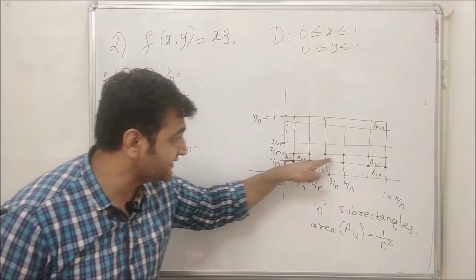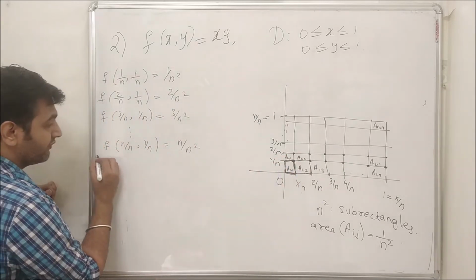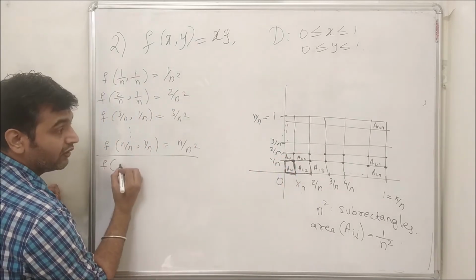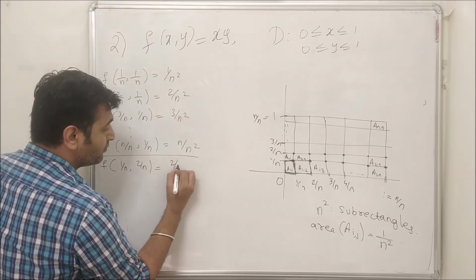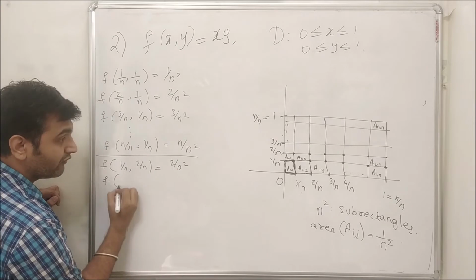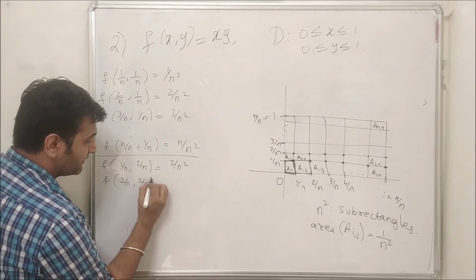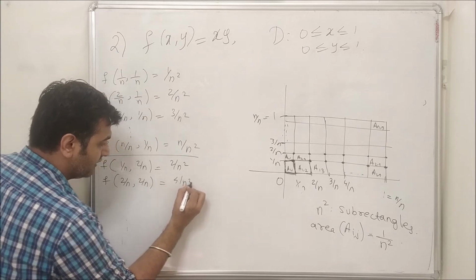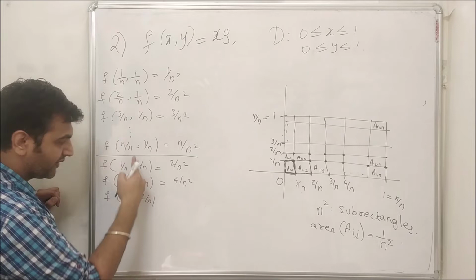Now you go for the second sequence of rectangles. For this a2,1, what will be the point? f of 1 by n comma 2 by n, which is again 2 by n square. Then the next point is 2 by n comma 2 by n, which is 4 by n square. Then the next point is 3 by n comma 2 by n. Here 2 by n will be fixed.